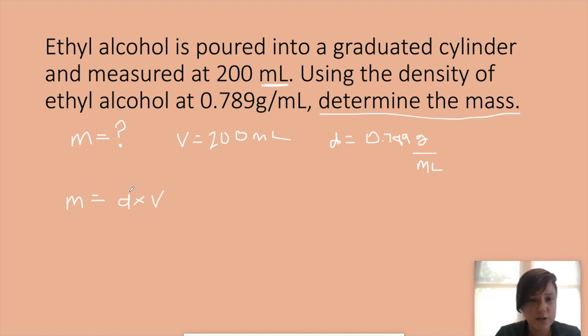So then again, we just fill in our numbers here. So our density is 0.789 grams per milliliter times our volume, which is 200 milliliters.